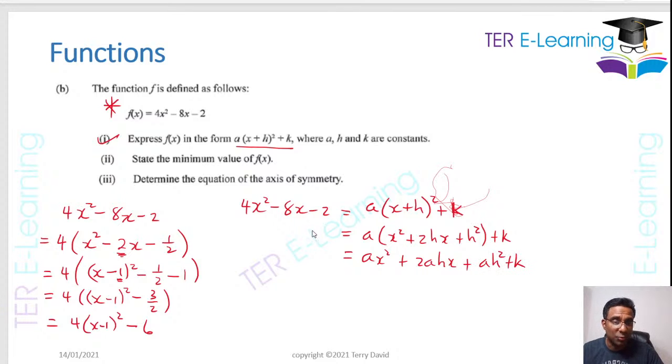So this is one way. Another way we can do this question: this is 4x squared minus 8x minus 2, and what I told you guys yesterday is that we can compare coefficients.